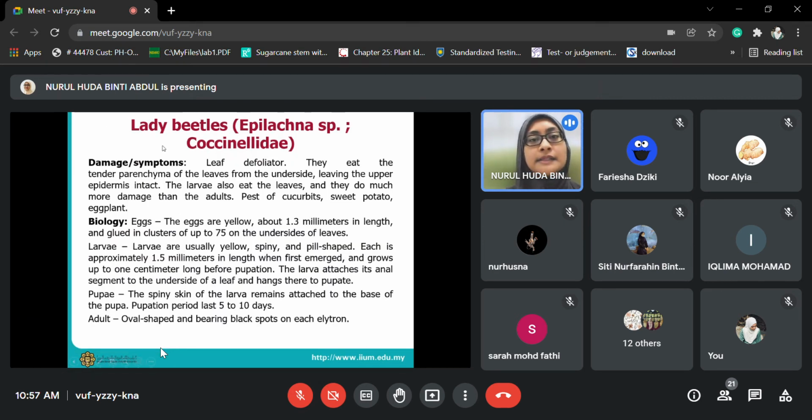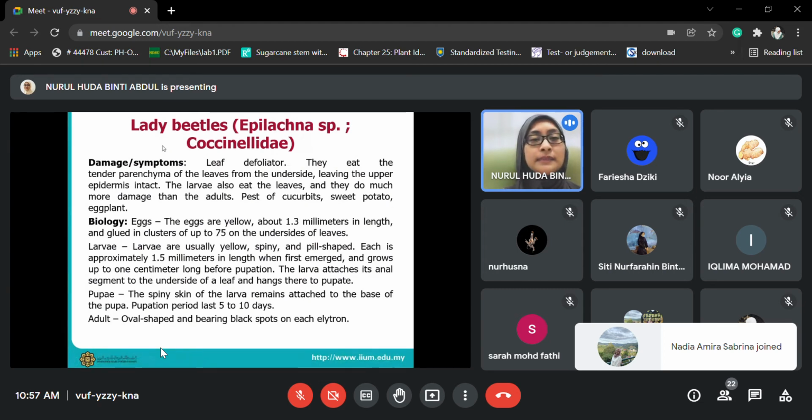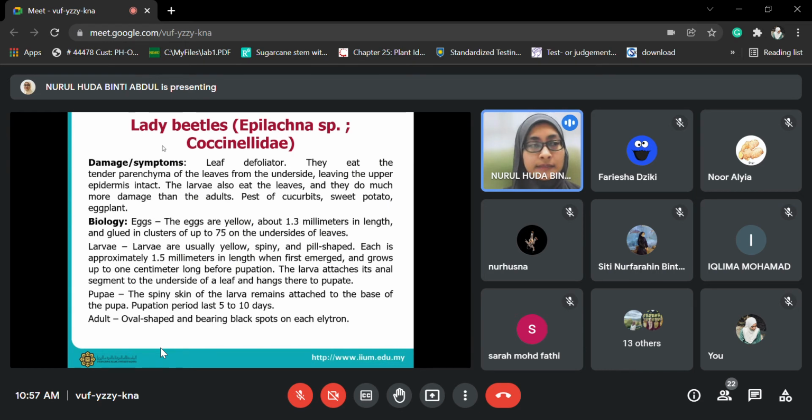Okay, Epilachna species, ladybugs or lady beetles. The one you see, ladybug, I think everyone knows them, they have dots. So usually for Epilachna species, the body has dots, like you said just now, those round spots. It's just that depending on the species, the color may be a bit more yellow, sometimes a bit more orange.